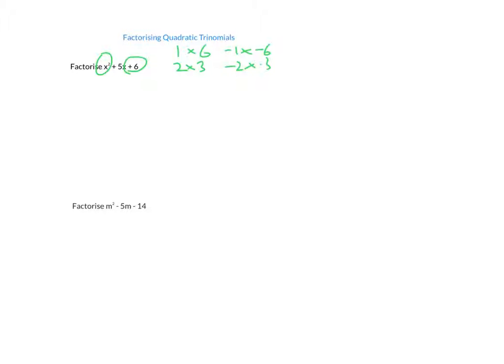Now what we need to do is have a look at which combination of those will add up to positive 5, which is the middle term we have there. If we look through those, that one won't work. That adds up to 7. This one here adds up to 5. That's negative 5, and that one's negative 7. So 2 and 3 are the two numbers that we need.